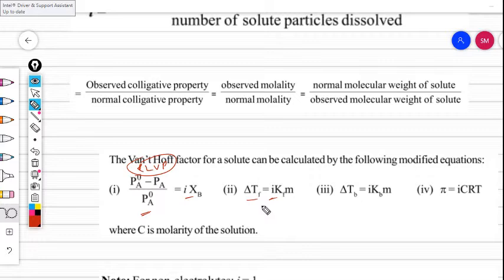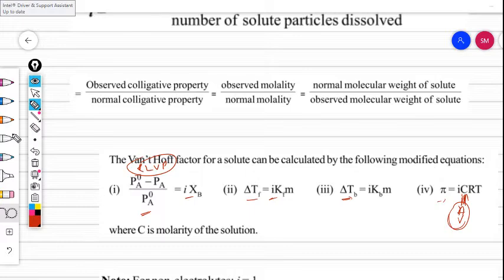Everywhere the Van't Hoff factor is going to be incorporated. Elevation in boiling point is also similar. And similar to the osmotic pressure, which is pi equal to CRT or CST, you need to multiply with the Van't Hoff factor. So pi equal to i CRT or CST, where C is the concentration or molarity, n by V. Here it is not molality, it is n by V, so that concentration is molarity.